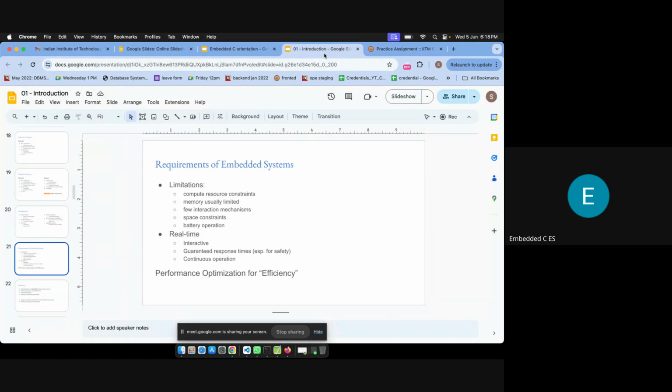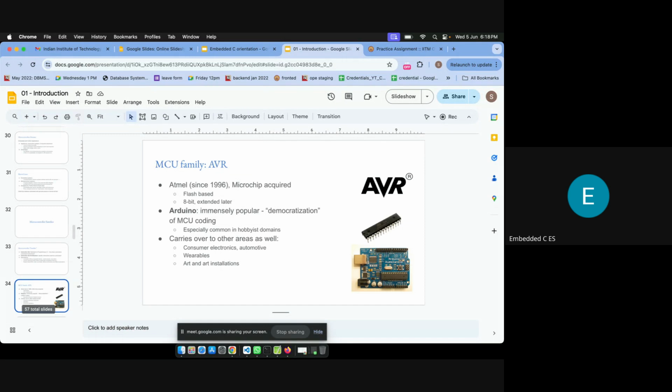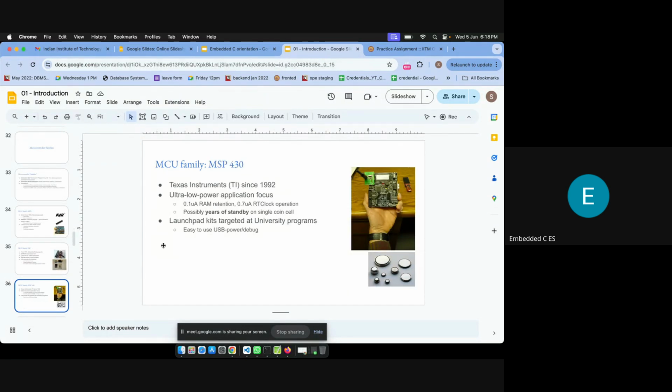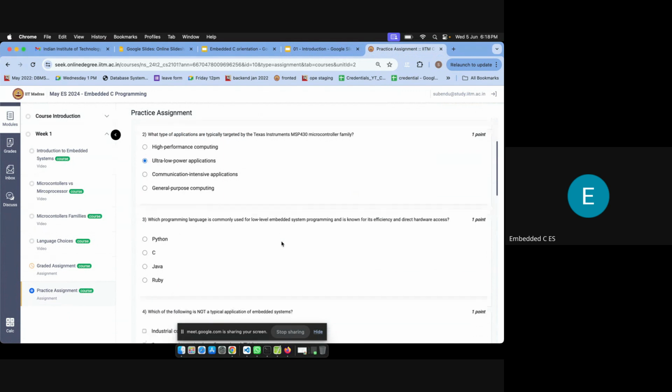If you see that slide on the MSP430, it has an ultra low power application focus. So the MC family like MSP430 is designed for ultra low power application. The correct option is B.